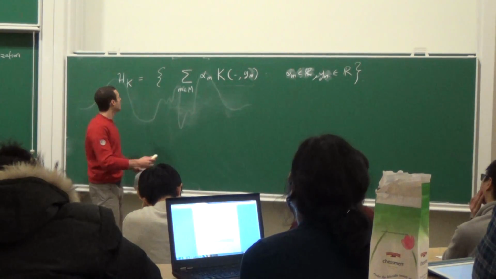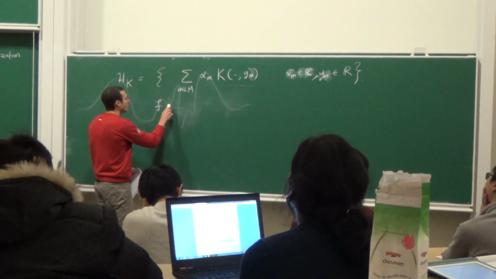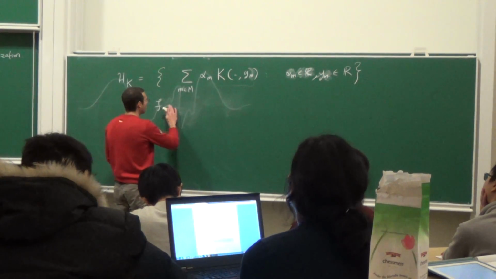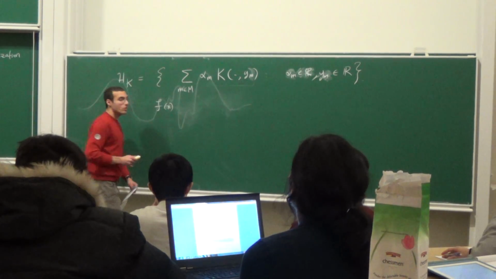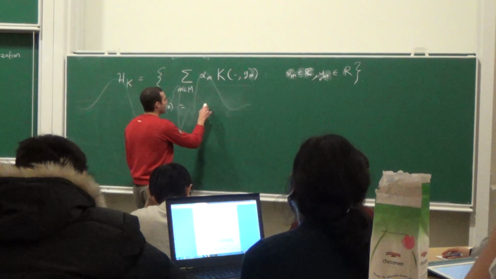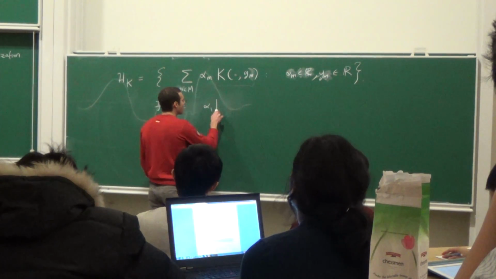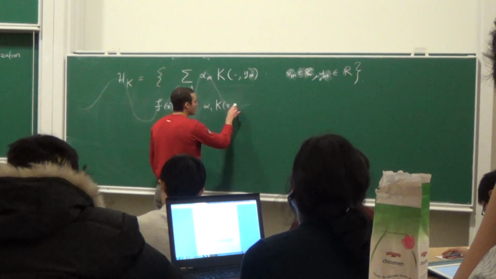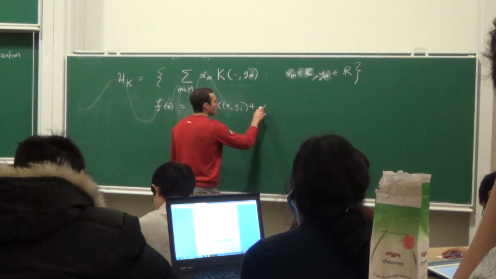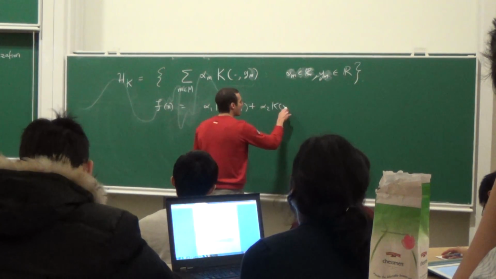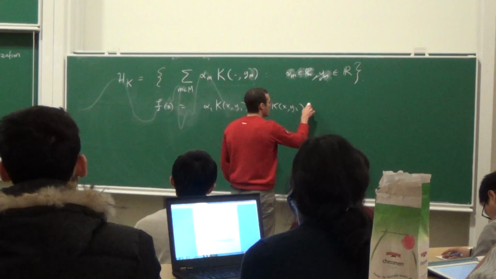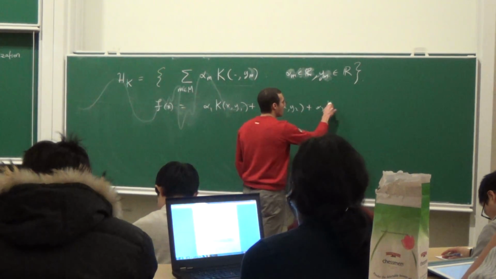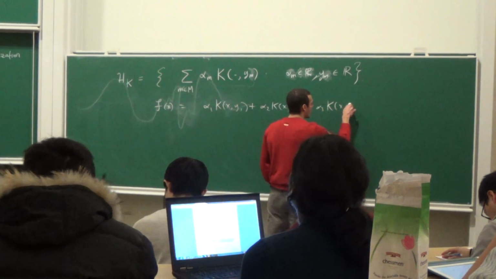So for example, take the function of x that I define as alpha 1 times k of x, y1, plus alpha 2 times k of x, y2, plus alpha 3 times k of x, y3.